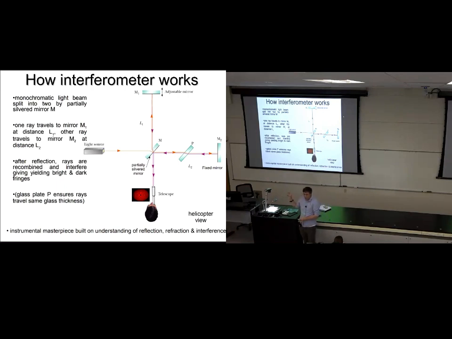And this partially silvered mirror, doing what a partially silvered mirror does, which is reflect some of the light and transmit some of the light, will reflect some of the light that's come from the right, this purple beam here, down towards the screen and the observer, and will transmit some of the light that went upstairs back down towards the screen and the observer.